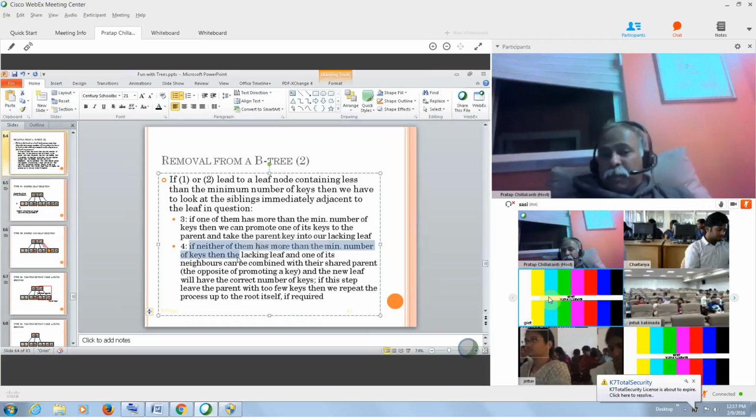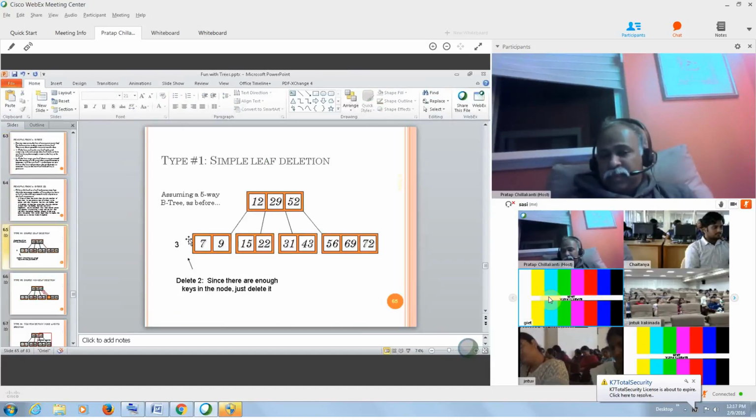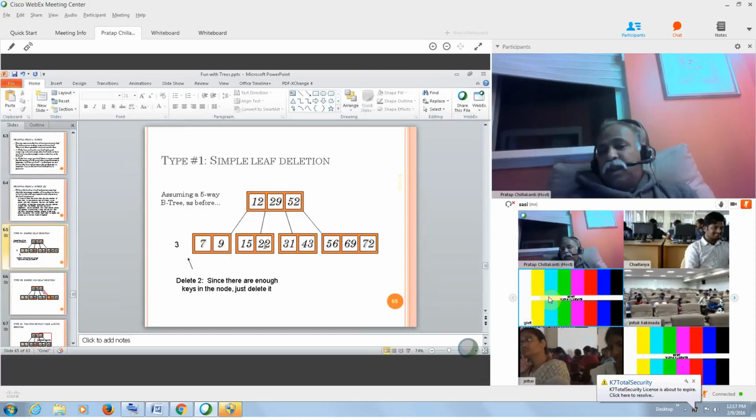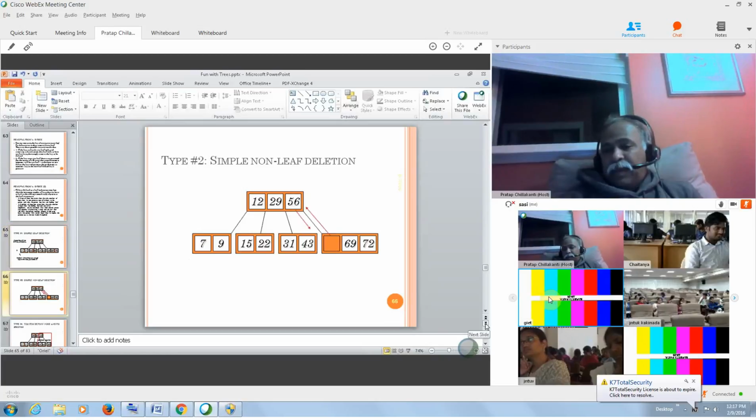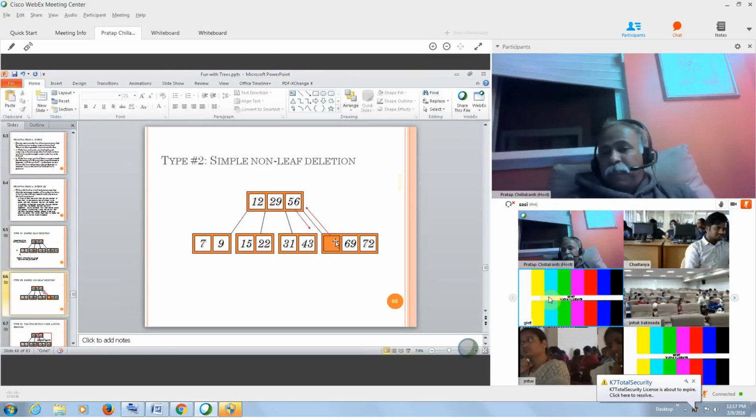Now I combine all of them. Would this node where these things are violate the properties? If it is not violating the properties, I will not do anything. Okay. If it violates any property, then I start manipulating the tree. Now one type of violation would be here. That's what it's showing here.